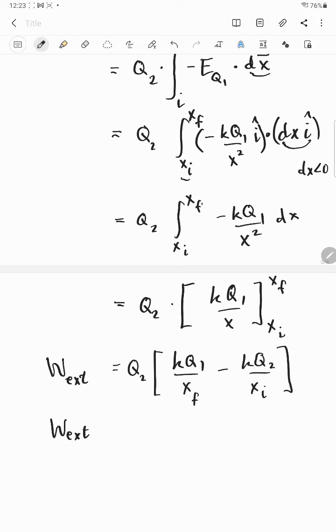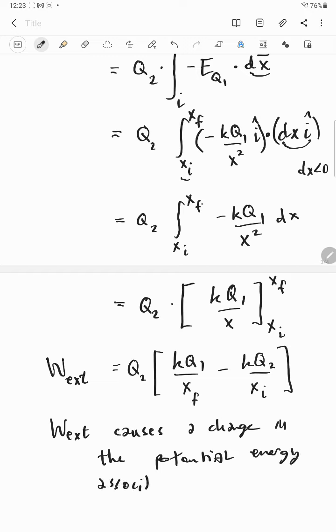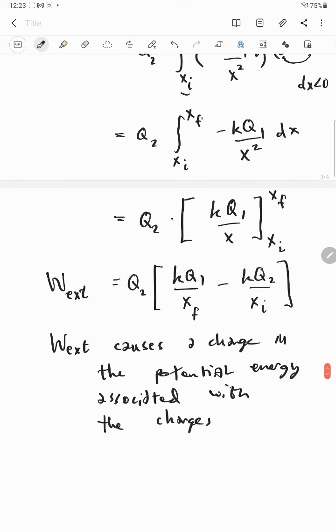This external work causes a change in the potential energy associated with the charges. So we're going to identify that the external work is the reason why electric potential energy can change. So we could go up here and say that this actually is the change in the potential energy.